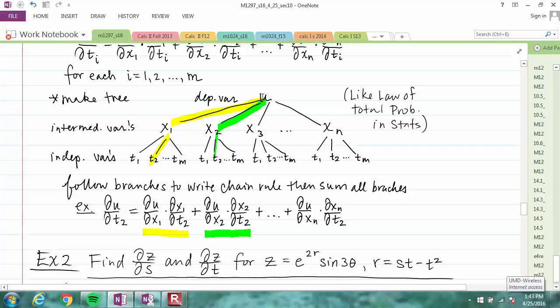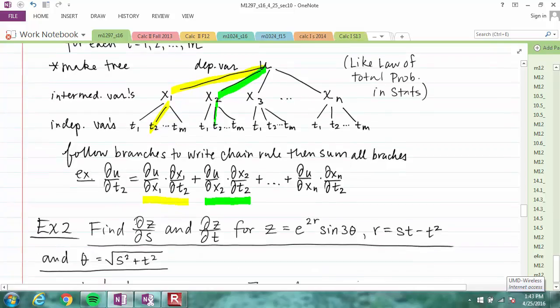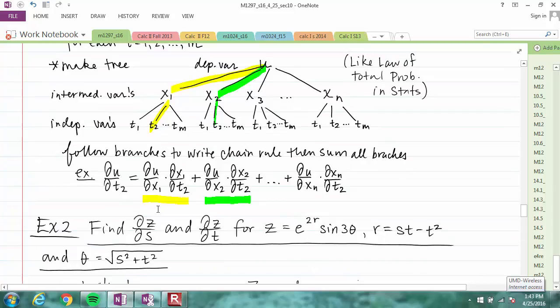So the first derivative is going to be the partial of u with respect to x sub 1. See how that's the first thing in yellow there? And then completing that yellow path, you take the path from x sub 1 to t sub 2, and that would be the partial derivative of x sub 1 with respect to t sub 2.